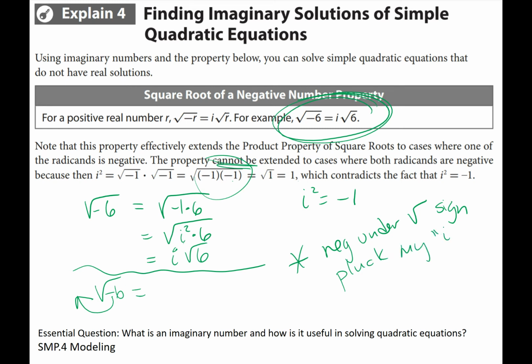You can think about it kind of as this kind of i, so pluck my eyes out if it makes you remember it. At this point, ask Miss Leva for an eyeball sticker and put it right here next to explain 4. So when I see a negative under a radical, I pluck my eyes out, and I literally get it down to one line: i square root of 6.